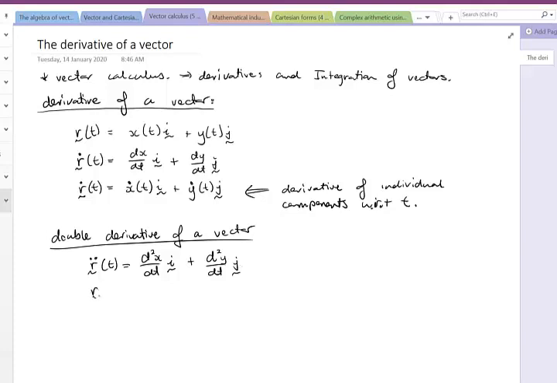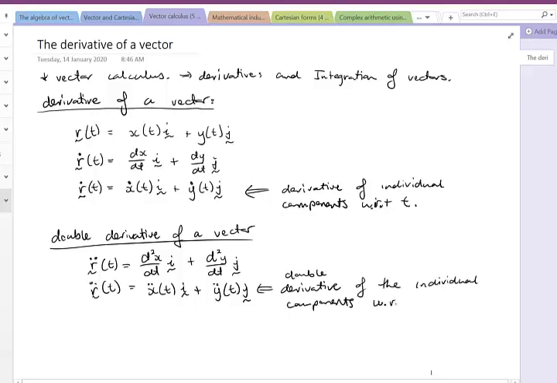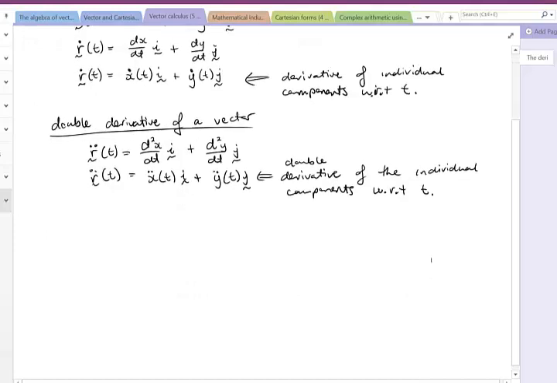So that means we end up with the double derivative being the double derivative of the x function in the i direction and the double derivative of the y function in the j direction. So again, it is just the double derivative of the individual components with respect to t. The definition of the derivative of the vector is quite straightforward. So we'll look at a couple of examples so you can see how this works.